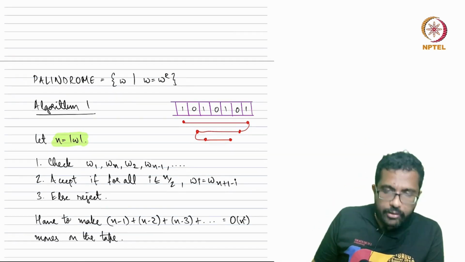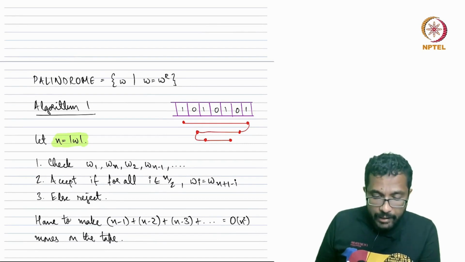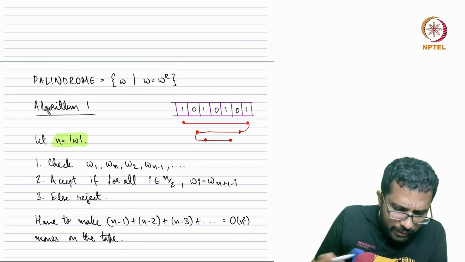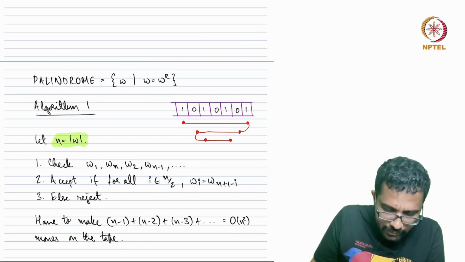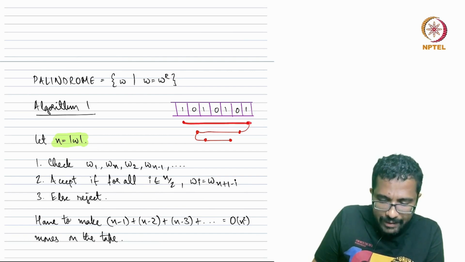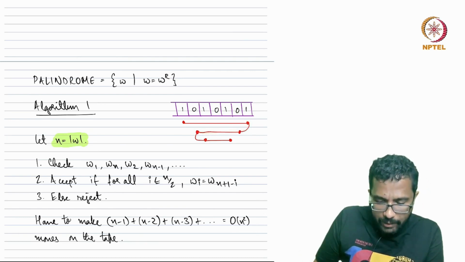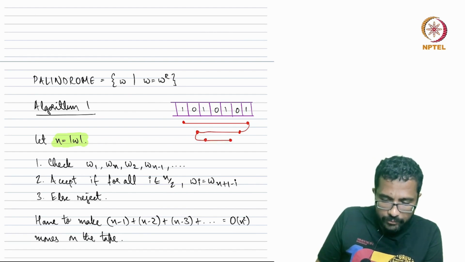And how much time does it take? Time, again, is the number of steps. It starts from the leftmost point and goes to the rightmost point, which is n-1 steps. Then it comes back to the second point, which is n-2 steps. Then it goes to the third last, which is n-3 steps, and so on.